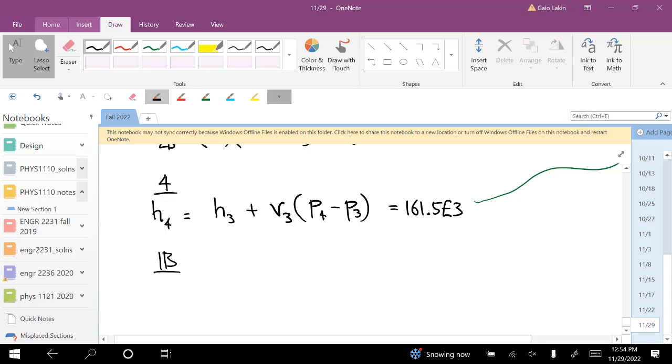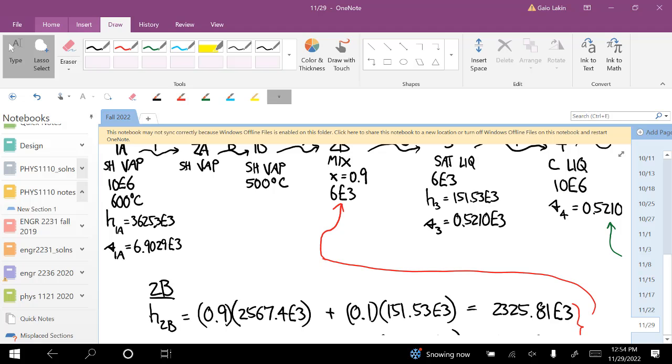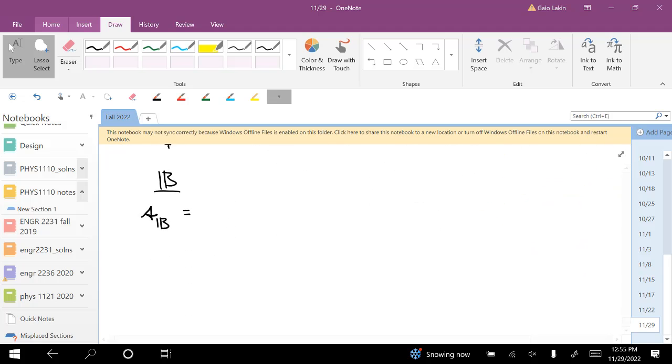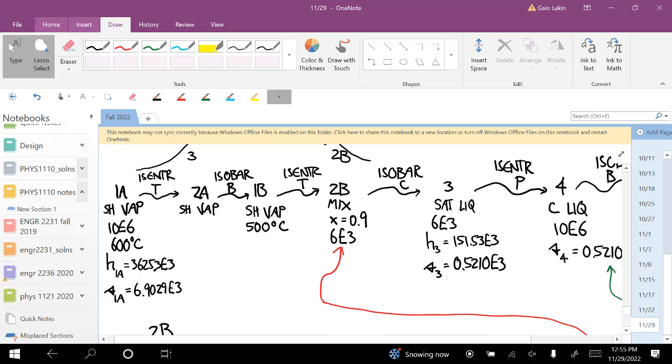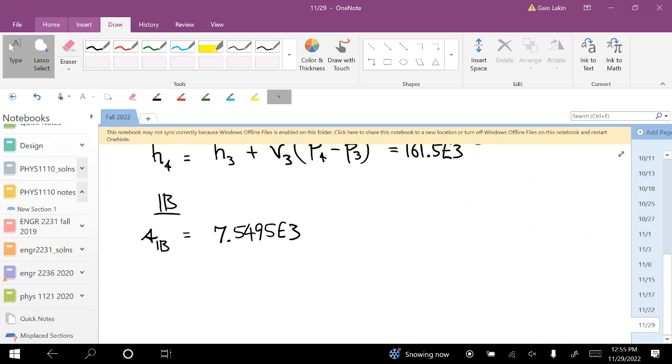So we know that the 1B entropy is 7.5495 times 10 to the third. And we know that the temperature is 500 degrees Celsius.